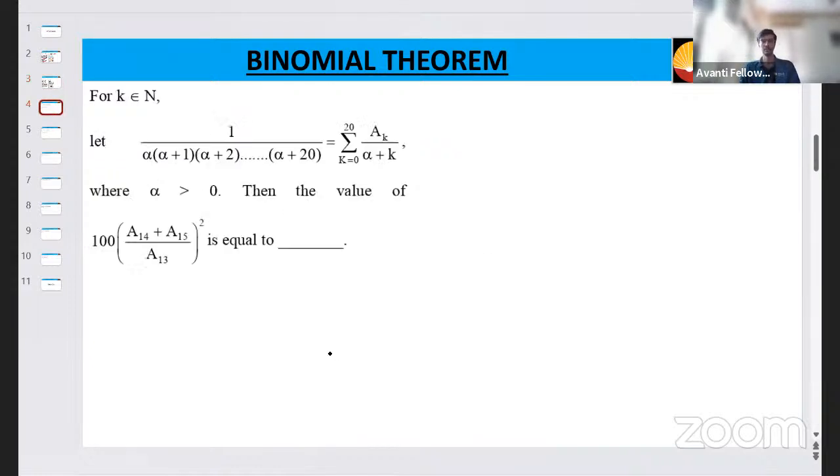Let's see the next. Next one is interesting. लग रहा है इंटरेस्टिंग देखने में है ना. Let's see. So for k belongs to natural numbers, let LHS में कुछ तो एक्सप्रेशन दिया है is equals to RHS में we have summation where alpha is greater than 0.